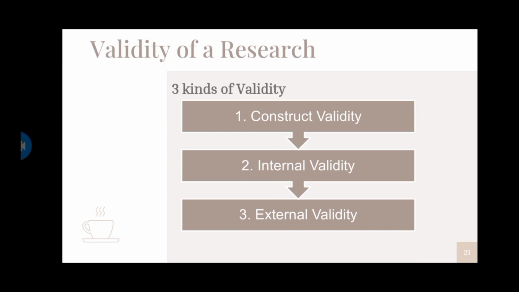The second is internal validity. Internal validity is established when your research demonstrates a causal relationship between two variables. Why are you making this assumption from the early beginning that this relationship exists?